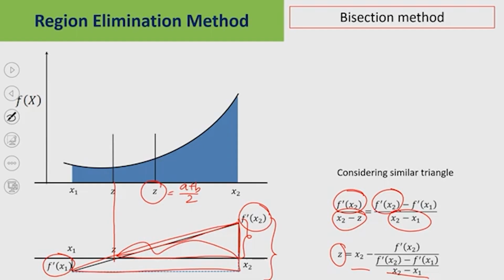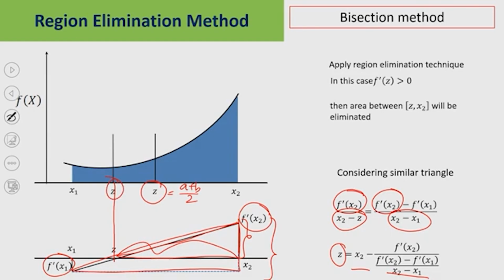Now, if I take this as my z value and apply the region elimination technique, in that case the derivative is positive. So, what can we do? In that case the area between z and x2 can be eliminated.